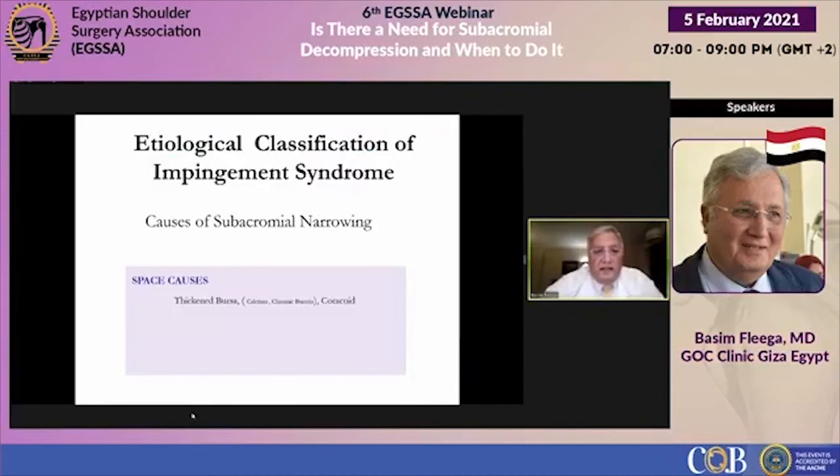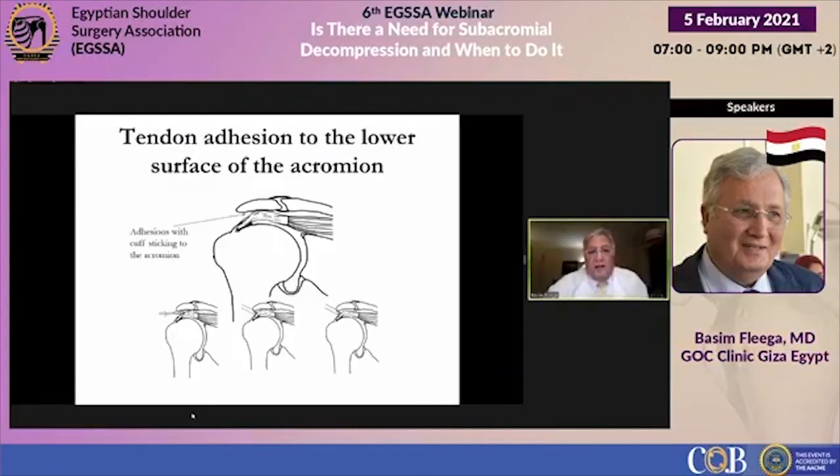Now, the causes which are in the space itself are also causing narrowing of the subacromial space. We observed that after the decompression, we find cases in which the supraspinatus tendon sticks to the lower border of the acromion, causing impingement-like problems.